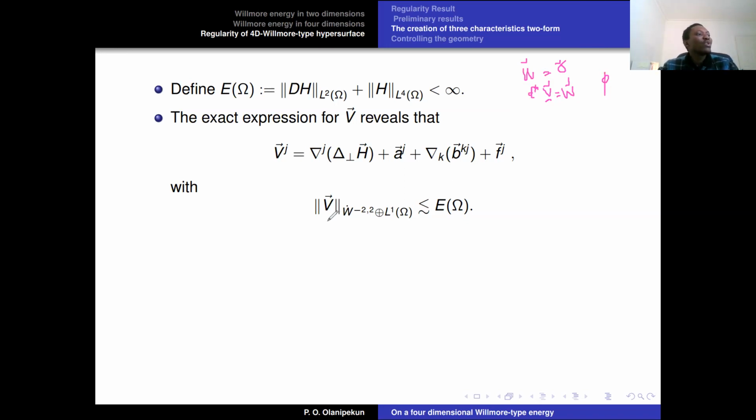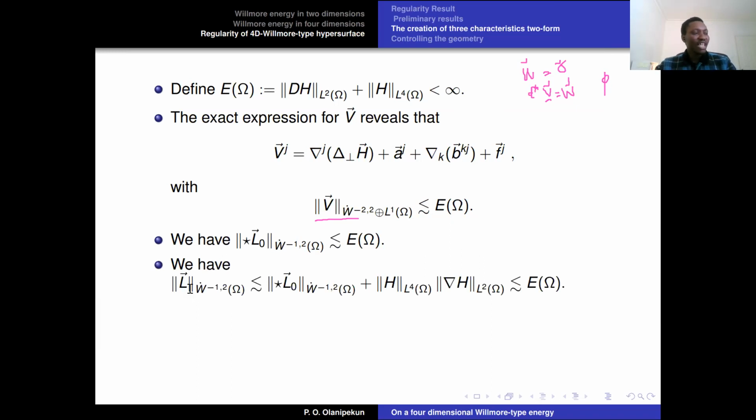So the first thing was to obtain this regularity information on V. So V is in this space, and then we were able to bound it by this quantity E. Not only that, our L naught or star L naught, we were able to bound it in this space by E as well.